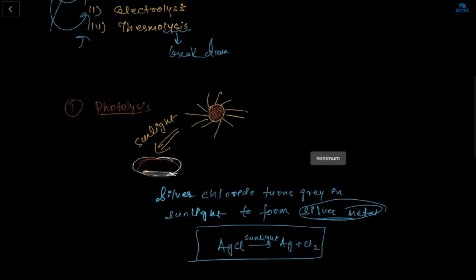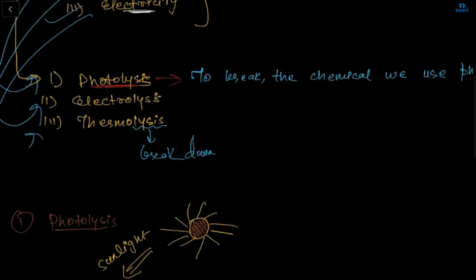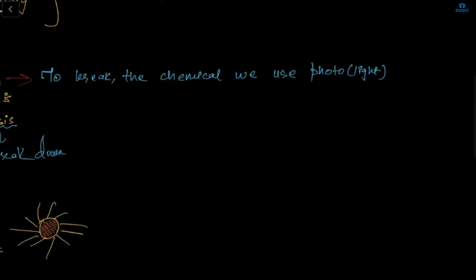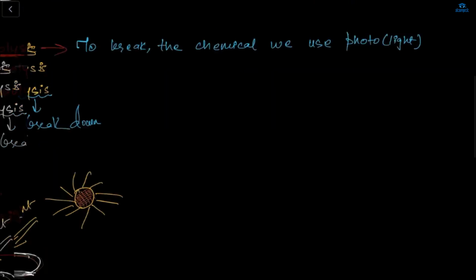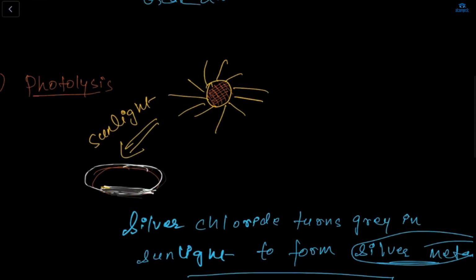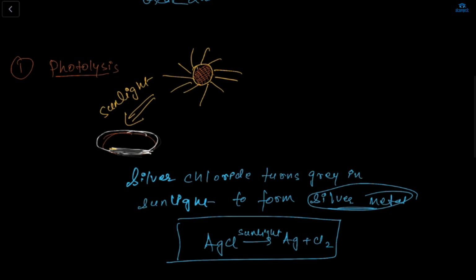Now, what about photolysis? It breaks down the chemical using photons. So now we will discuss. See, this is your sunlight. Here we put silver chloride in a jar or bowl. When we put silver chloride in sunlight, what will happen? The silver chloride turns from white into gray in sunlight to form silver metal.